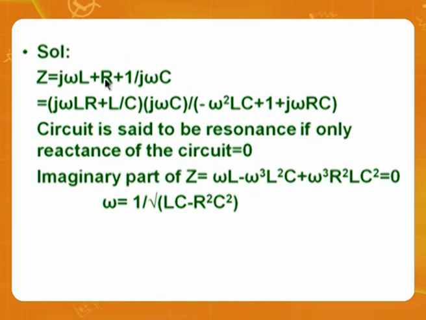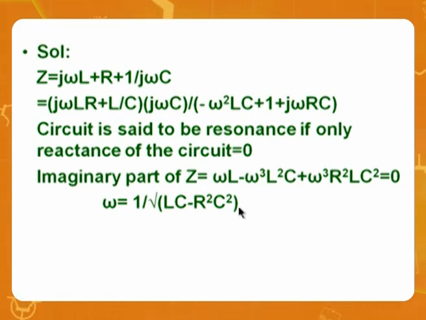ZL is j omega L plus R plus 1 by j omega C. This is nothing but the parallel combination of these two. If you rationalize and finish, finally what is the J term here? Take the J term as 0. Then you will get omega is equal to 1 by root of LC, R square C square.